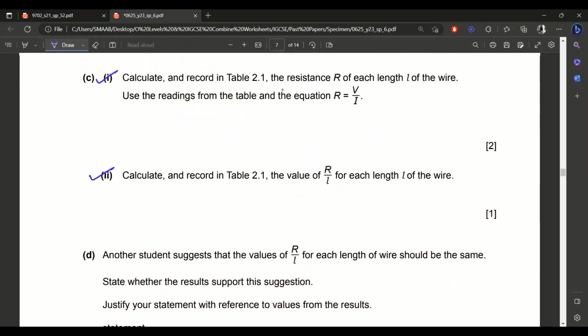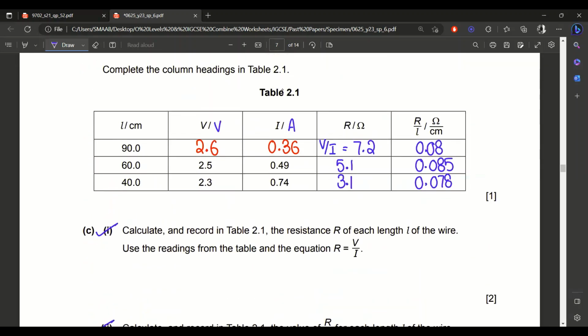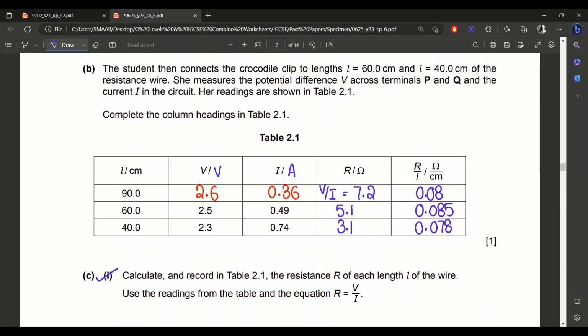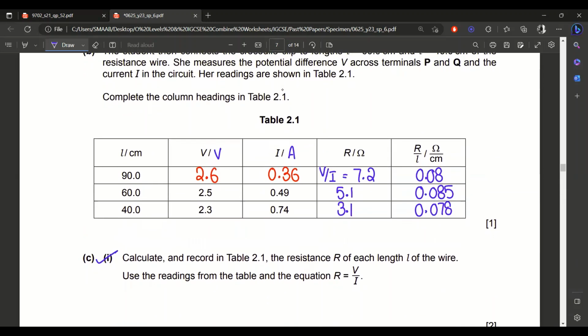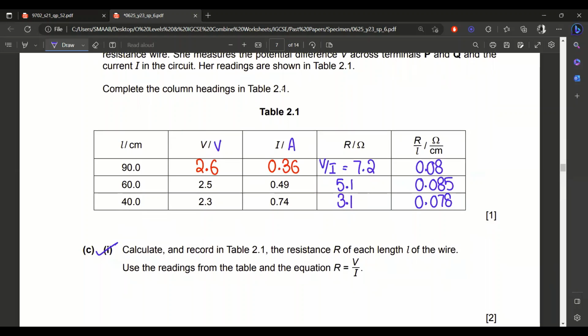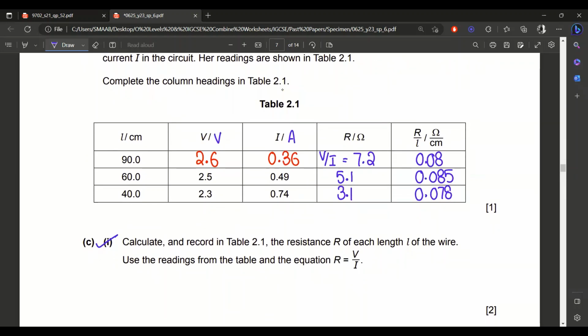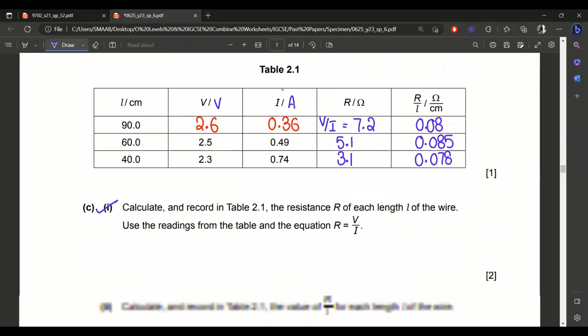So we need to write with the reference, because when I write the value of R over L, I also tell you that all values are approximately equal to 0.08. So it means the values of R over L are the same at different lengths. So we need to match the statement with reference to this value.